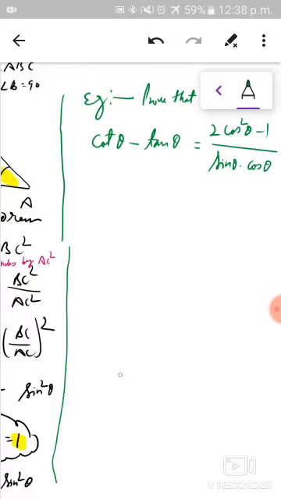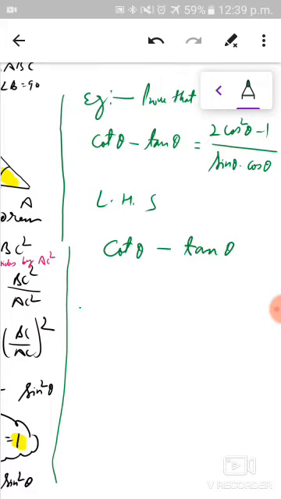To prove it, we can take the left hand side and prove the right hand side, or we can take the right hand side and prove the left hand side. I am going to take the left hand side, that is cot theta minus tan theta.